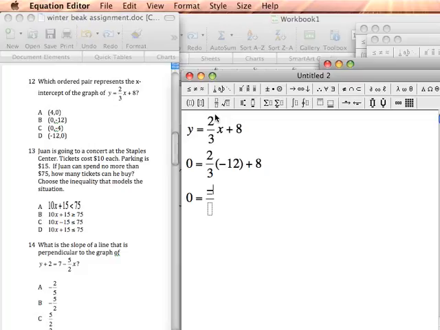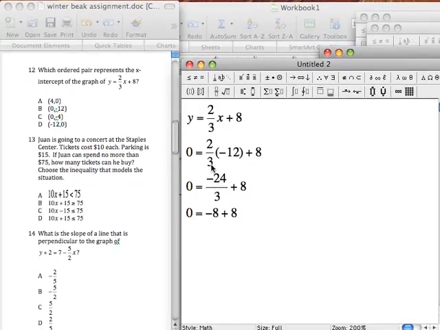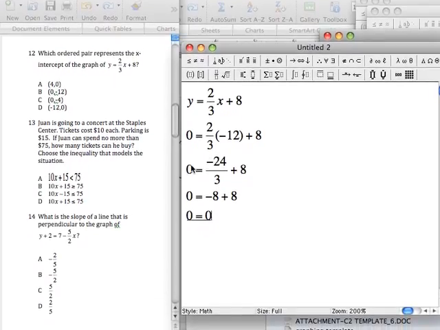I could do this in my head, but I just feel like writing it out for this problem. And divide by 3, plus 8. And 0 equals, and negative 24 divided by 3 is negative 8, and negative 8 plus 8 is going to be 0. So let's say D is my answer. Hope this helps.